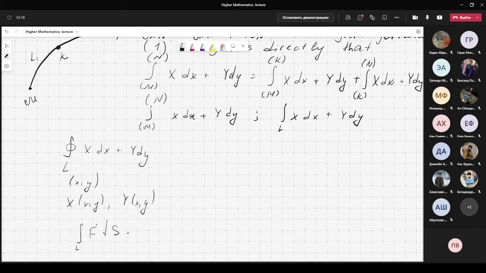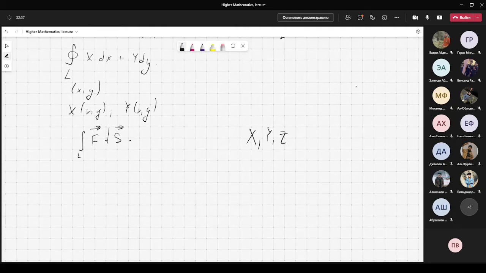If the vector F is defined by its projections X, Y, Z, then this integral is equal to the line integral over L of X dx plus Y dy plus Z dz.